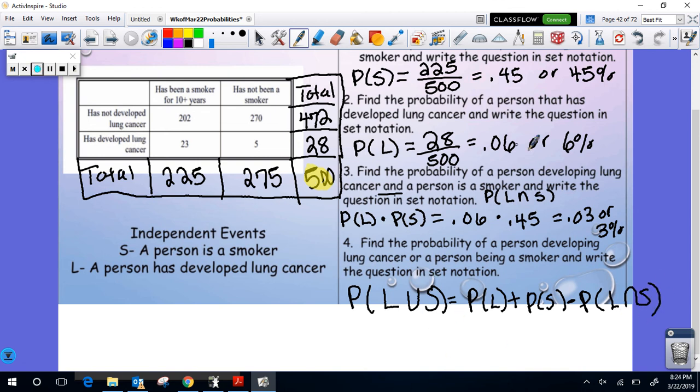So here we already calculated this. The probability of developing lung cancer is 0.06. The probability of a person being a smoker is 0.45, minus the probability of lung cancer and a smoker, which we already calculated too, which is going to be 0.03. Go ahead and do the math here.